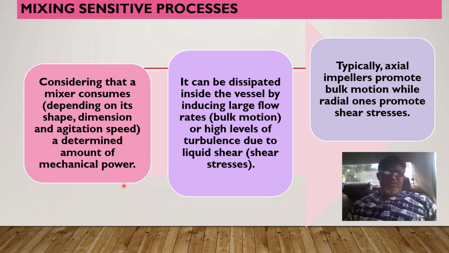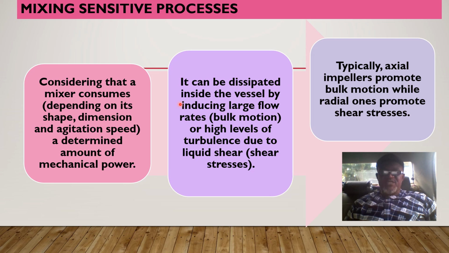Sensitive processes. Considering that a mixer consumes a determined amount of mechanical power depending on its shape, dimension, and agitation speed. These are the things that determine the amount of power a mixer consumes.